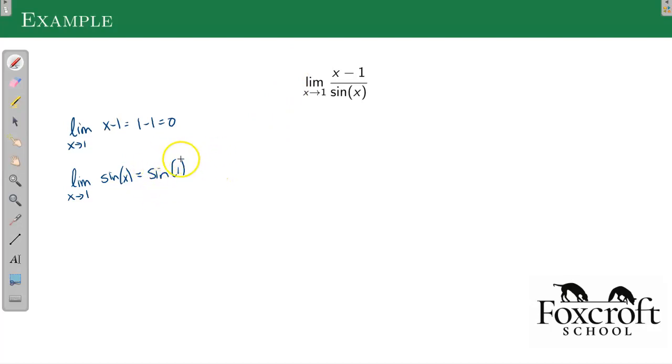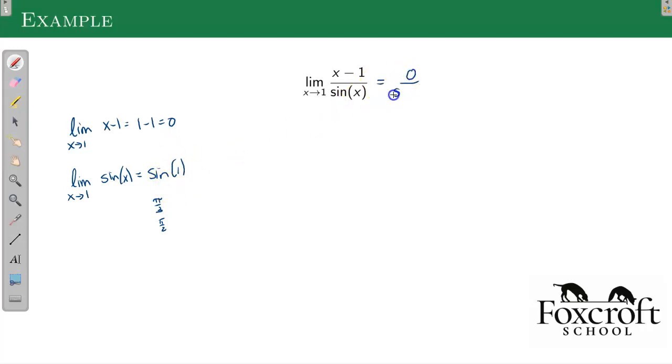We have no idea what sine of 1 is. You could put it into a calculator and figure out what it is, but it's not a nice number. It's not one of those like pi over 3 on the unit circle or pi over 2. It's just a value 1. So this just gives you some arbitrary number. My guess would be it's like 0.8 or something like that. You can put it in a calculator and see. But this is not 0. All right, so we don't have to do L'Hopital's rule.